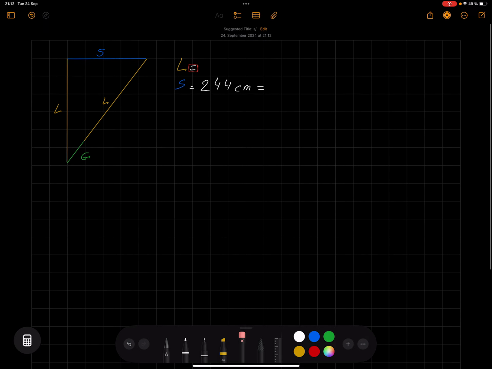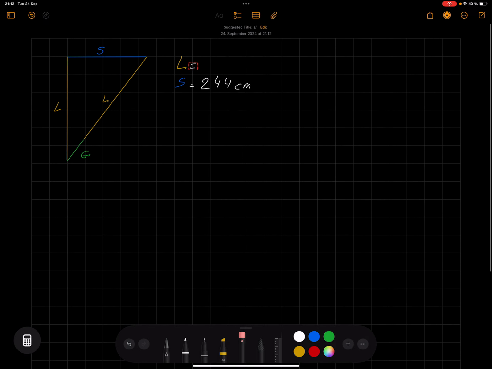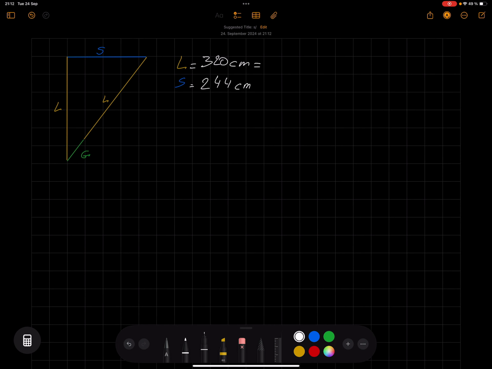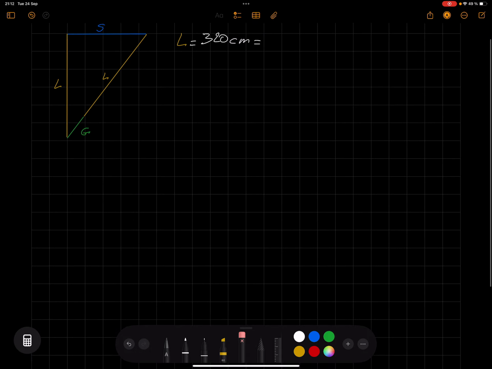So let's try to make it happen on the other side. So I will go with 3.20 m or 320 centimeters, and no result, nothing. Why? You saw just before it was working, and now it's not working anymore.